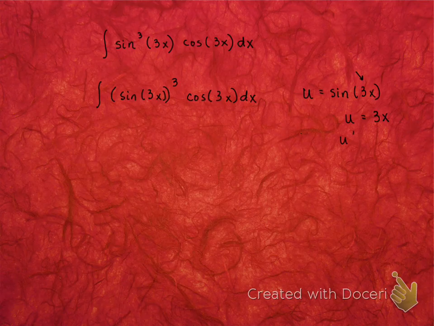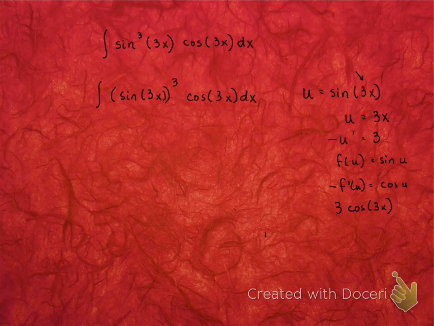U prime is 3. F of u is sine of u, and the derivative of sine is cosine. Okay, so u prime times f prime u is 3 cosine of 3x.